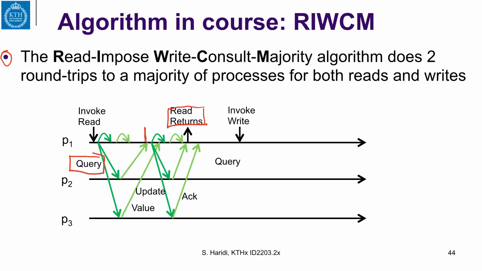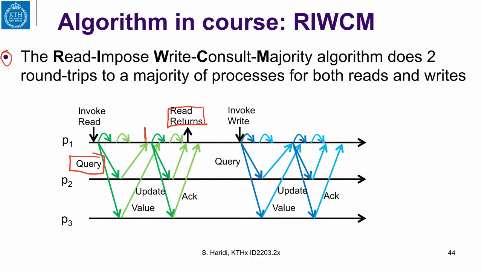The write operation also has 2 phases. The query phase inquires about the highest timestamp, and once it gets a majority, it uses this timestamp to increase its timestamp and perform the write with a new timestamp higher than what exists. You will see this in detail. We have 2 phases for the read and 2 phases for the write.